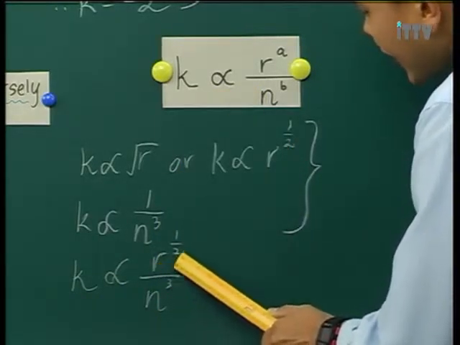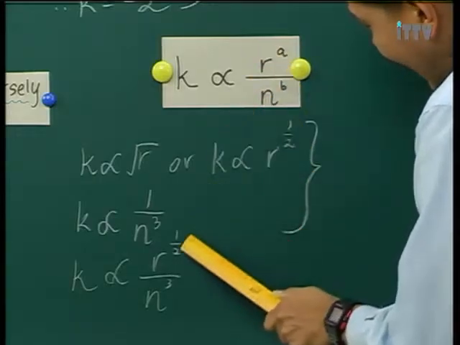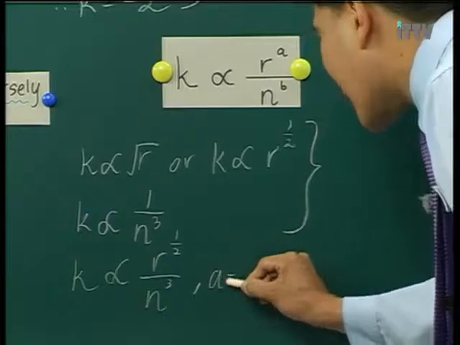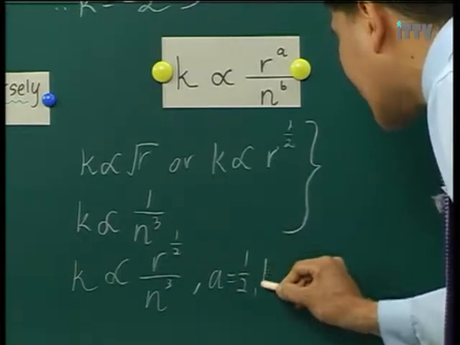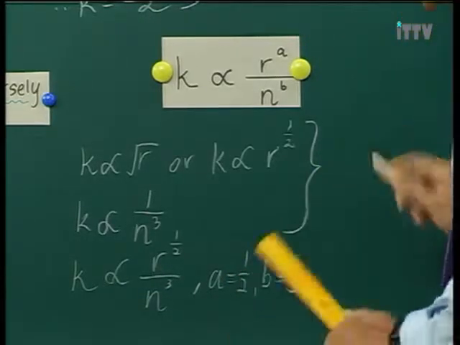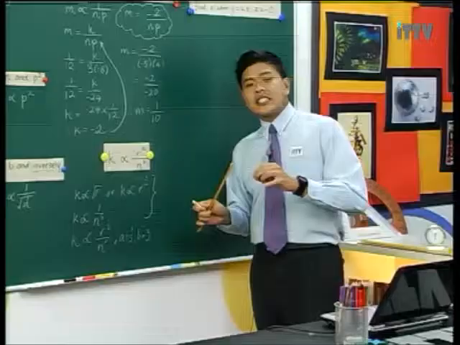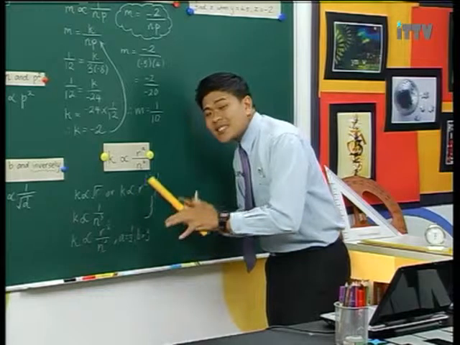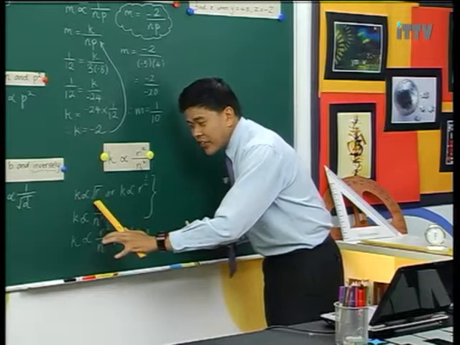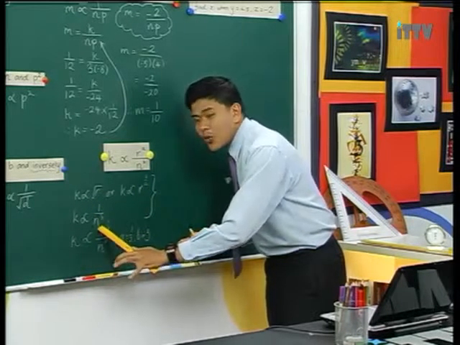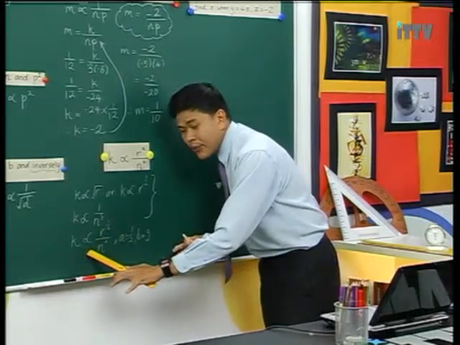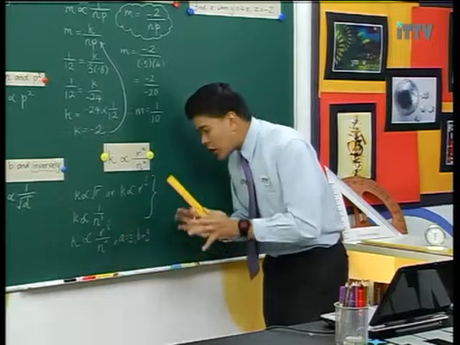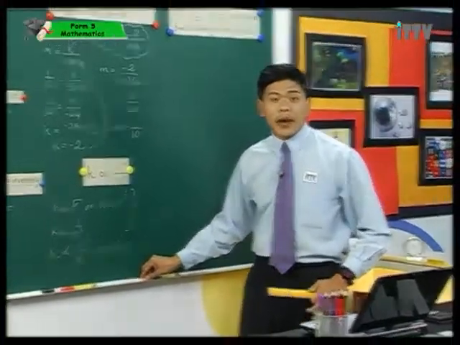And by taking a look and comparing, A is half, right? And B is 3. So this is a simple comparison question. Therefore, A is half, B is 3. Alright, so same thing goes. Remember guys, if you can't actually put them together at first, try putting them separately first, okay? The first variation, the direct one, the second one, the inverse one, and when you combine them to find the joint one, and then you compare with the given ones, okay? So a lot of questions can be solved by comparing.